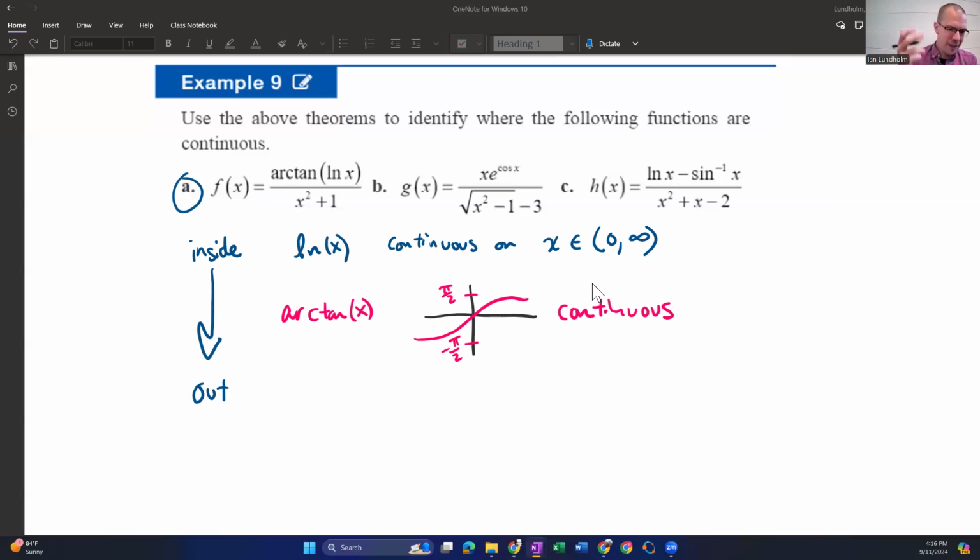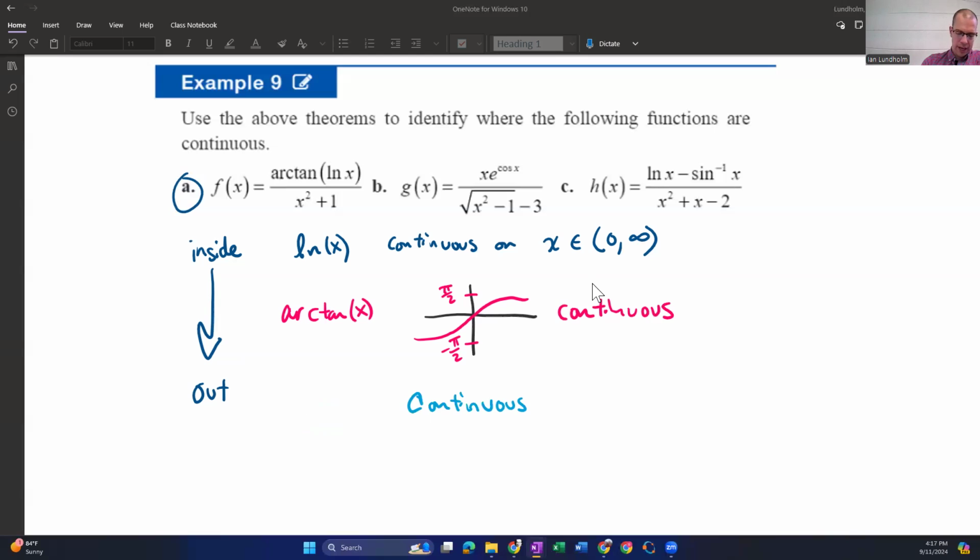And then we've got something over x squared plus 1. Although, that doesn't feel right. Hold on. I guess we're looking at the quotient of two functions.